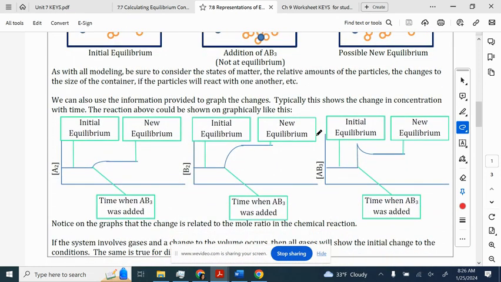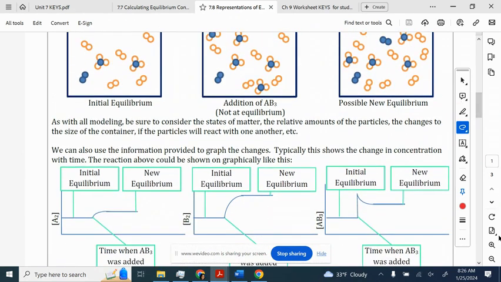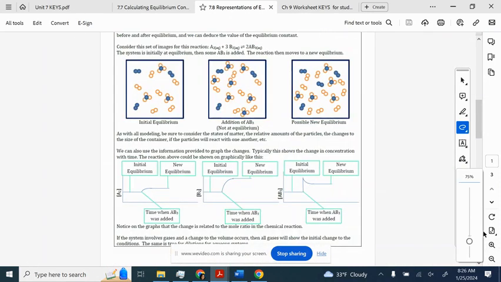They also can do this as a graph interpretation. Typically this is what that's going to look like, where you have your A and B and then AB3 over here. So if we look at that equation, I may have to make this a little tinier so we can get everything on the screen at one time. Okay, so here is my equation for A, and they're adding in AB3.